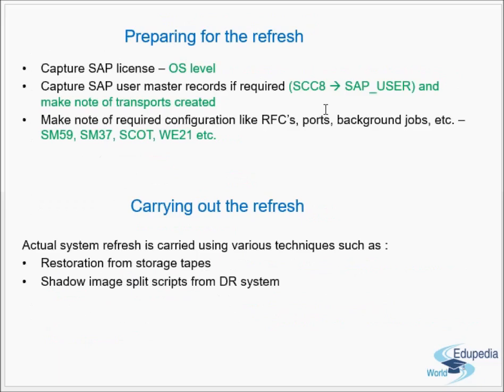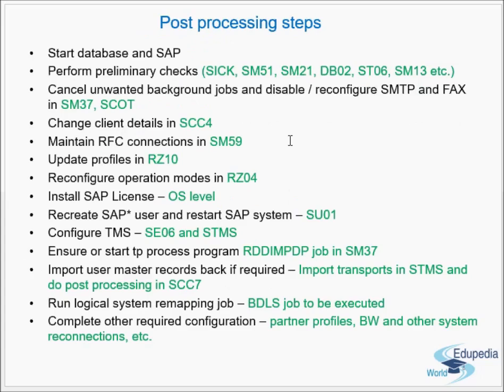In the pre steps, we need to make a note of all the relevant configuration like RFCs, jobs, ports, SMTP, fax, all these things, because you just want the production data.